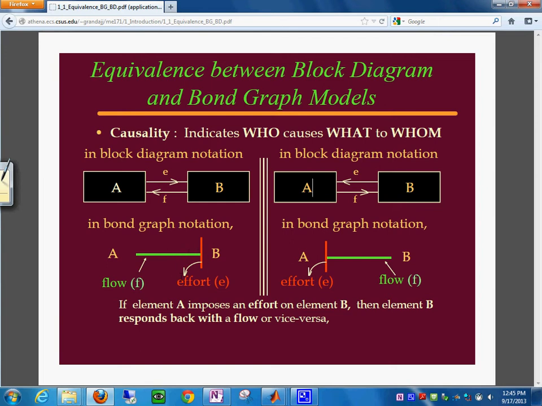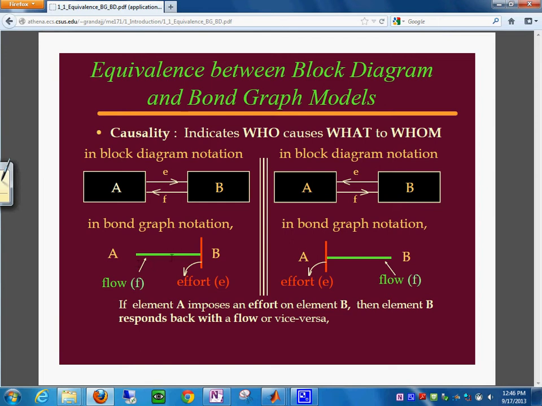in this case, B reacts with this other flow variable, with the line. So red means the action, green means the reaction. If you have this representation like this with the vertical line and the horizontal one, this is a bond graph. But we could also call it junction graph or connection graph if you want to make it a little easier.